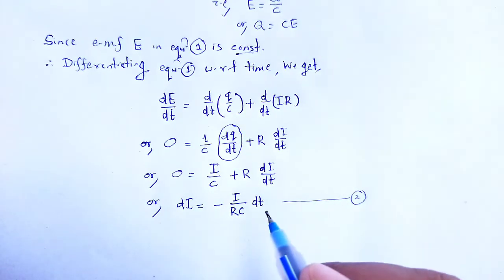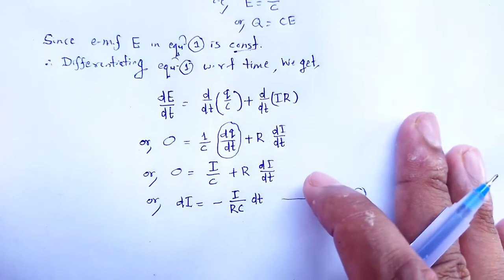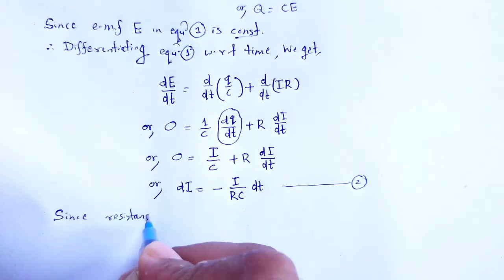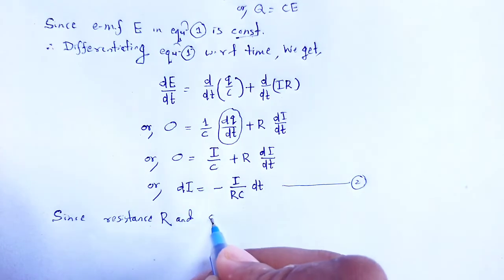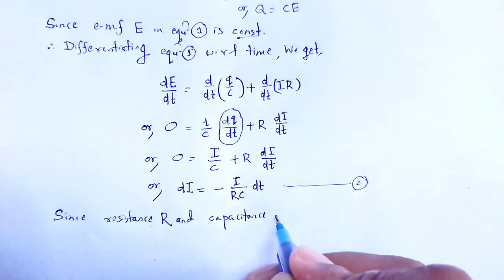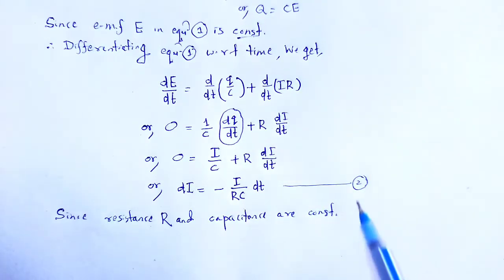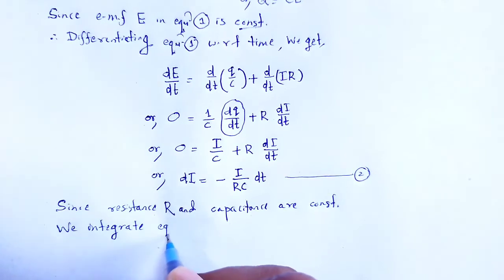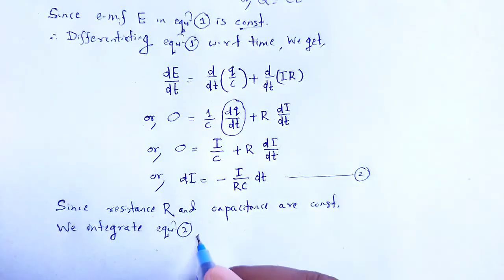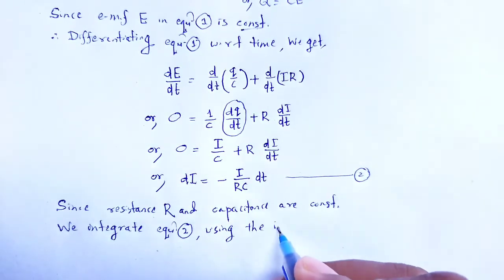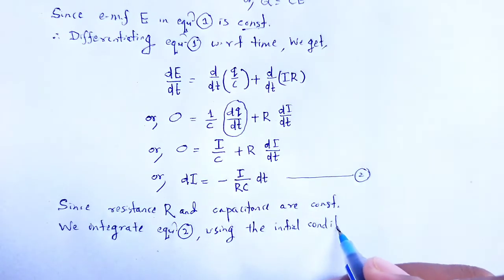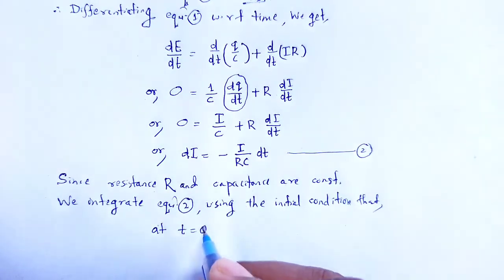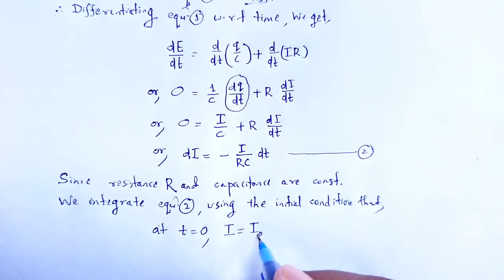the equation number 2. Now we use the condition, since resistance R and capacitance C are constant, we integrate equation number 2 using the initial condition that at t is equal to 0, the current is the maximum, I is equal to I naught.